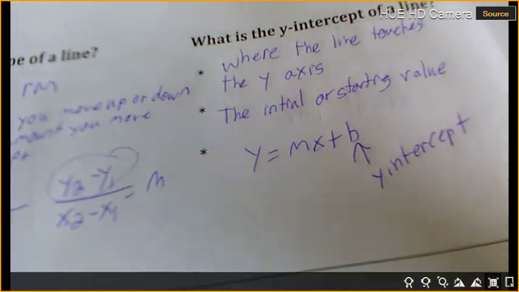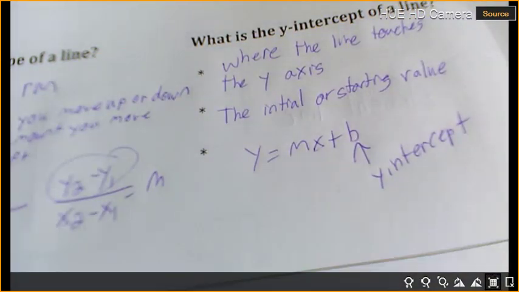Okay, I'm going to read the real world example. Glenn is planning on going canoeing. In order to rent a canoe, he will have to pay a one-time fee of $10 and then an additional $2 an hour. Okay, using your definitions, what is the y-intercept of the problem? What does it represent?